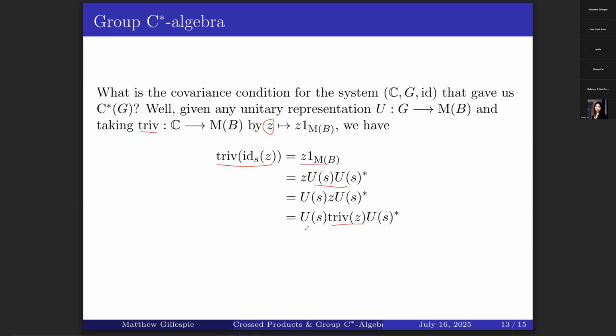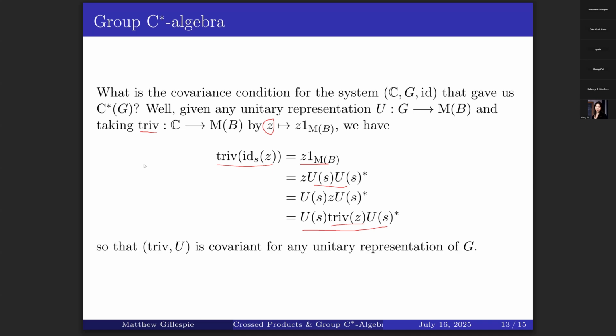Well, this is exactly the covariance equation. In particular, this pair, the trivial representation and U, is covariant for any representation of G. I just picked an arbitrary one, and I have this fixed representation of the complex numbers, and it turns out this pair is always covariant.